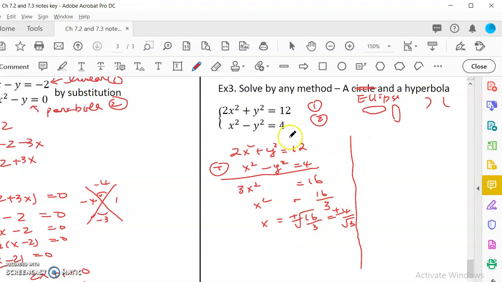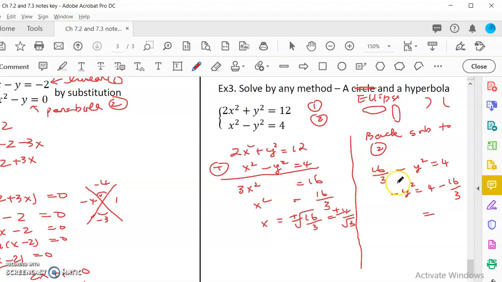What about y? Back substitute into 2. X squared is actually 16 over 3, right? Minus y squared is equal to 4. So negative y squared is equal to 4 minus 16 over 3.